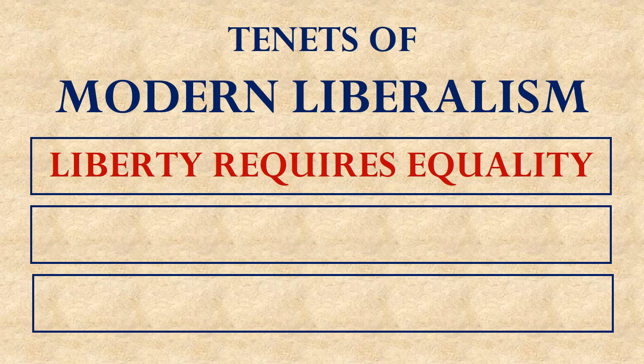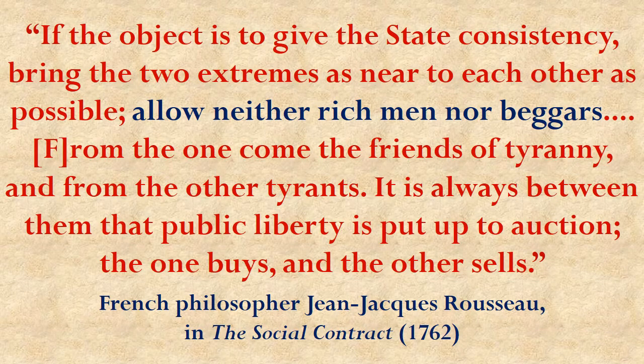The next tenet of modern liberalism, we'll go back to Jean-Jacques Rousseau to get a quote from. In this quote, he describes that in order to overcome this problem of inequality, you can't allow either rich men or beggars. And the reason he puts it that way, as you look at the rest of the quote, is that he feels those kinds of inequalities would take advantage of the economic system.